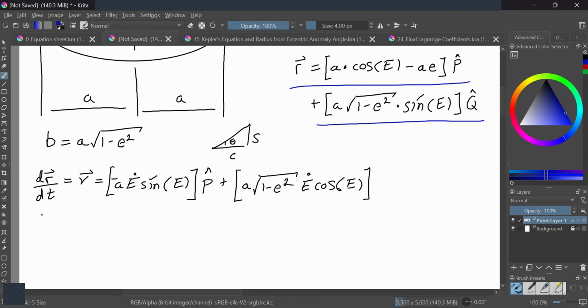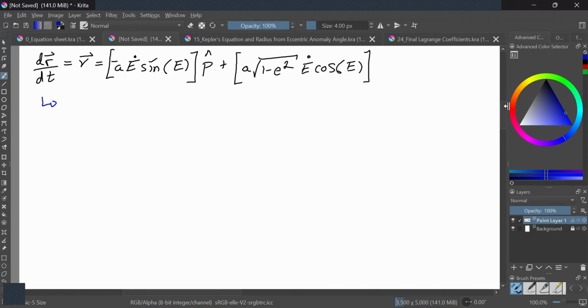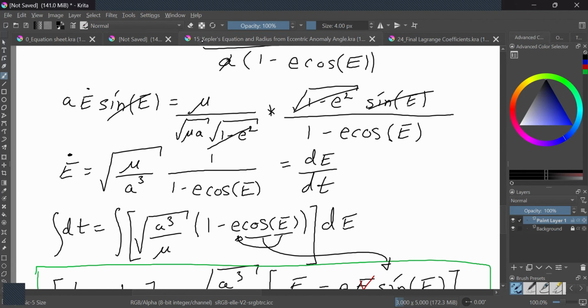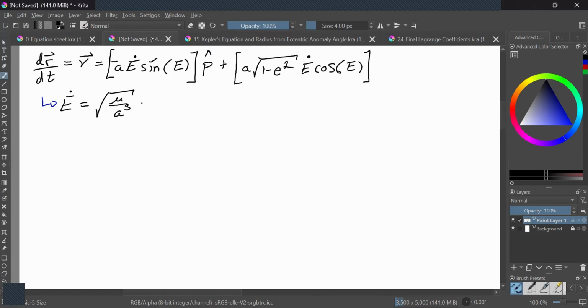So making a note. Scoot down. There we go. I have E dot is equal to the square root of mu by a cubed times 1 minus e cosine E inverted.